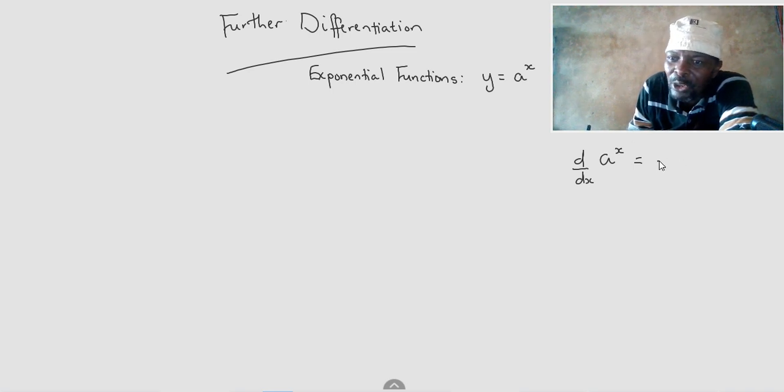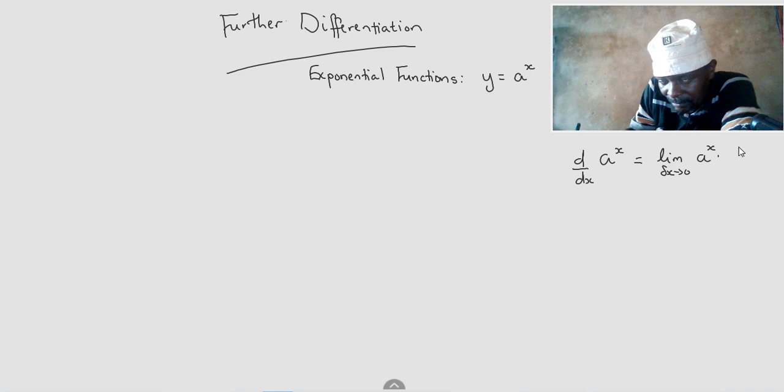It's going to give us the limit as the small change in x tends to 0 of a to the x, into that, will be a to the small change in x minus 1.